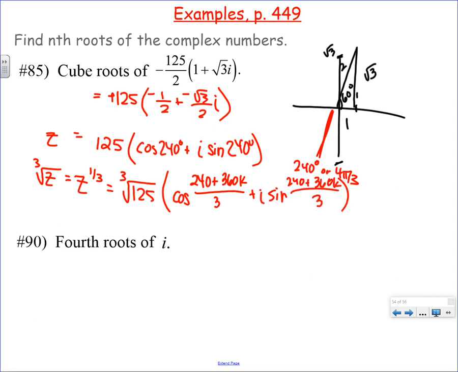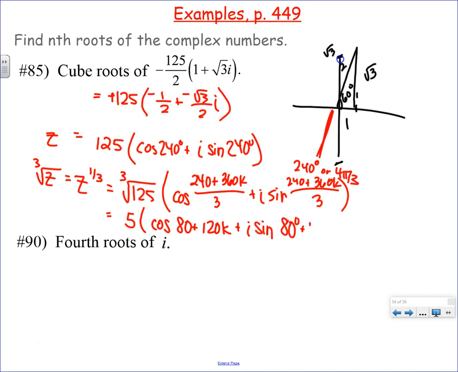Because of the cube root, I'm supposed to have 3 answers. The cube root of 125 is 5, since 5 cubed is 125. I'm going to end up with 5 times cosine of 240 over 3, which is 80. As long as I divide both, it's legal. 360 over 3 is 120.